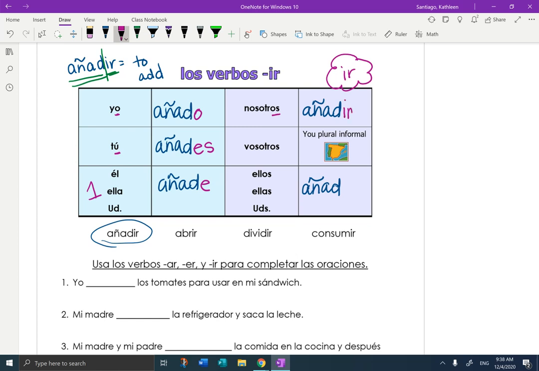It's añadimos. Okay. Ellos, ellas, ustedes, any two or more people, they go in the van. That's going to remind me that it's añaden. Okay. So again, añadir to add, abrir to open, dividir to divide, consumir to consume.